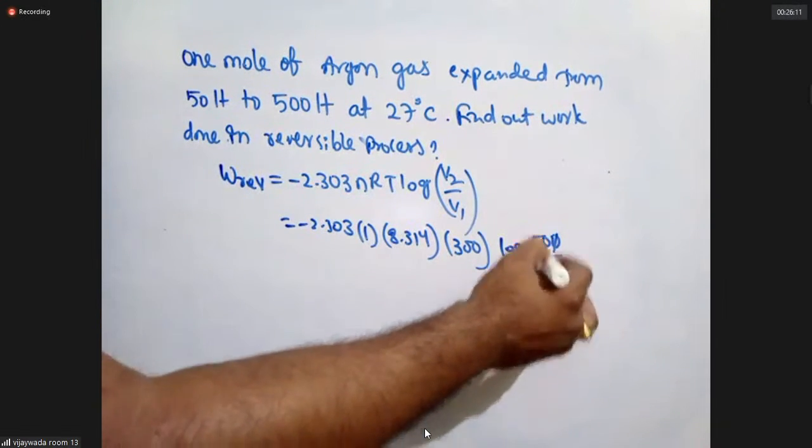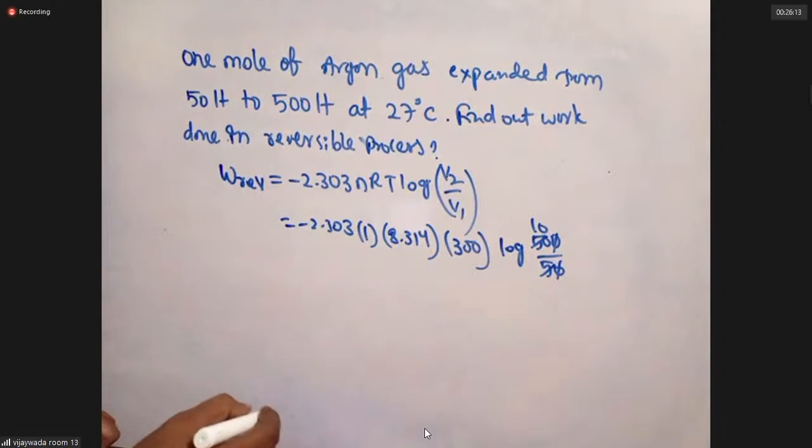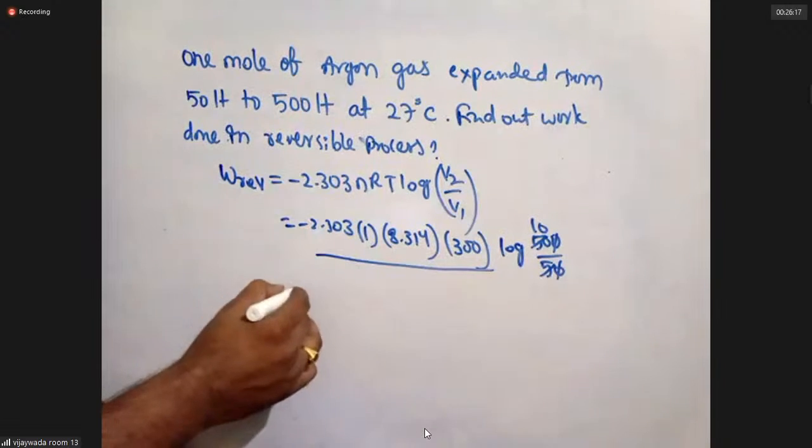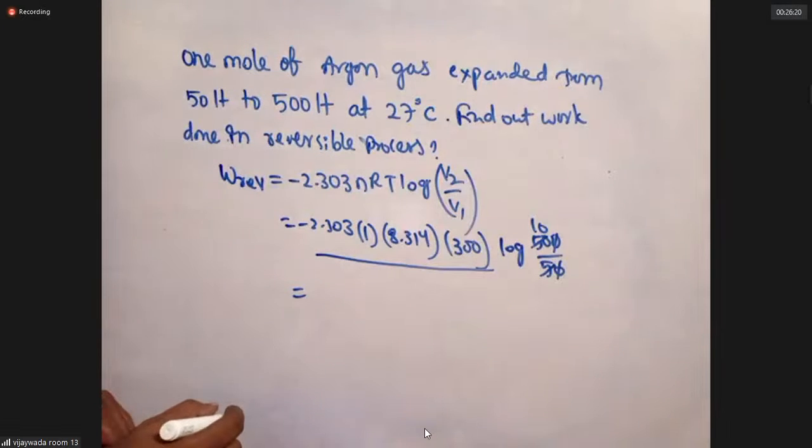The zeros cancel, it is log 10, and the value is 1. Students, if you multiply this, what is the answer? Minus 2.303, 8.314, 300. What is the exact value, since log 10 value is 1?